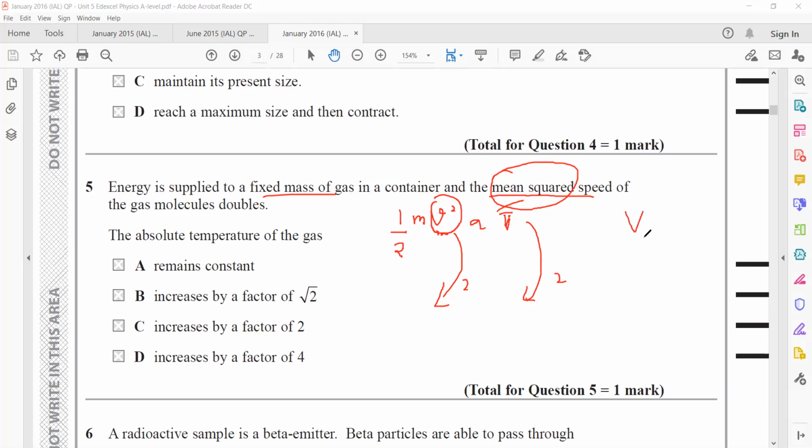If they say root mean square speed, it means only this part is changed, and if this part is double, then the temperature will increase by 4. But only the mean square speed is double, which is V square, without taking a root. So the kinetic energy will also be doubled.